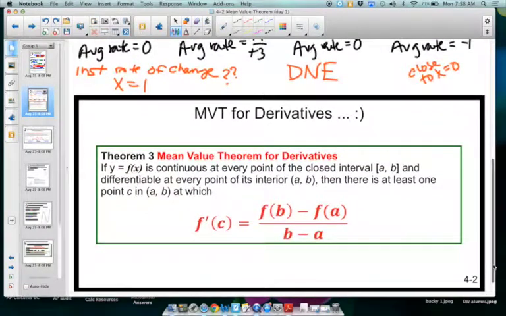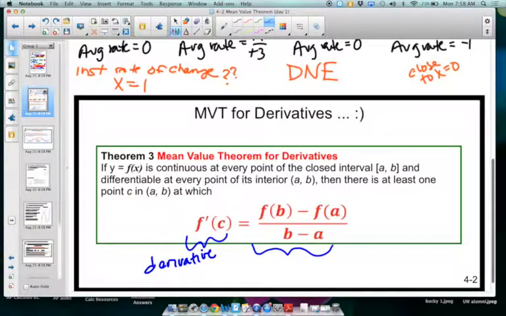So when we talk about identifying a mean value, what is this an expression of? That represents what sort of value? And this represents what sort of value? Okay, the first one's a derivative.